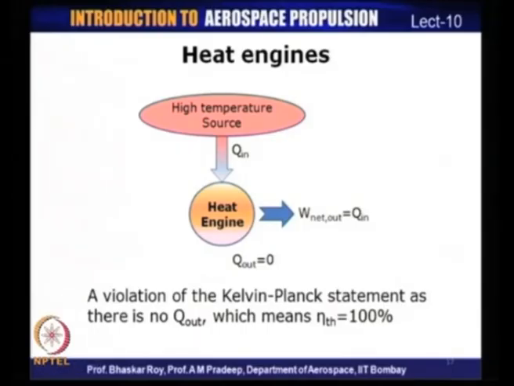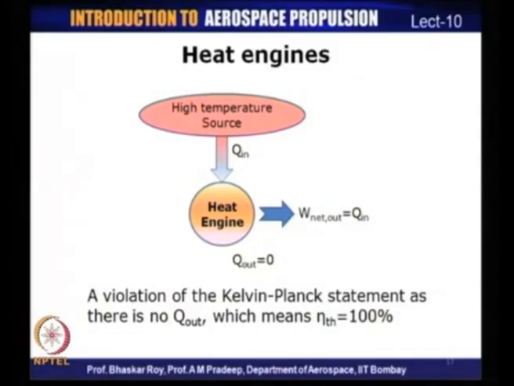Such a heat engine is impossible, because you cannot have a device which continuously generates work output while interacting only with a single reservoir and not rejecting heat to a sink. So, this is something that we discussed about the heat engine.